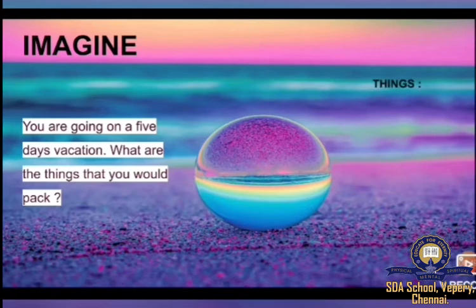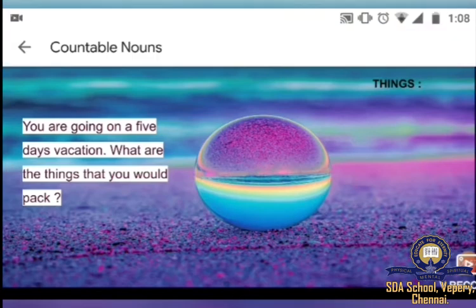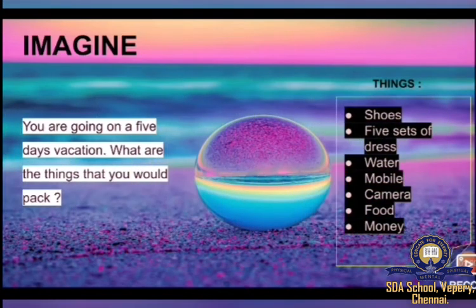So I want to give you a few things that I think I would be taking when I go on a 5-day vacation. Some of the things are, I'd be taking my shoes, and obviously I'll be taking 5 sets of dress for me to wear on my 5-day vacation.